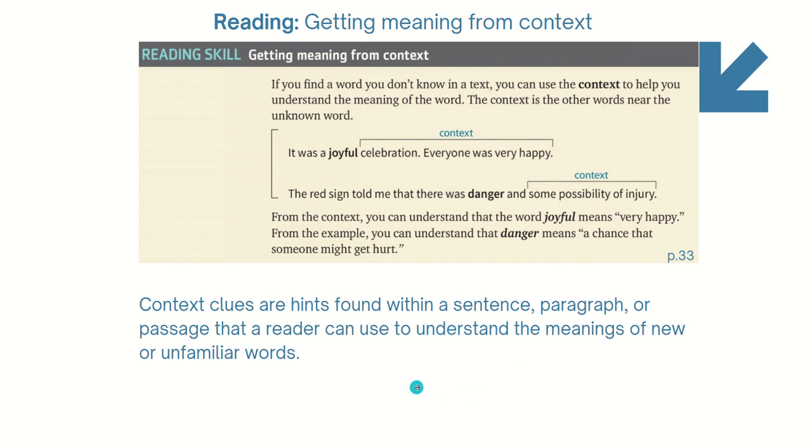So again, context clues are hints or keys found within a sentence, paragraph, or passage that a reader can use to understand the meanings of new or unfamiliar words. All right, this is a reading technique: guessing the meaning from the context.